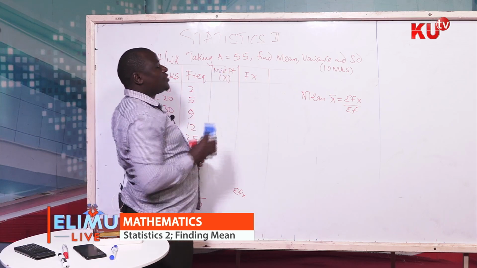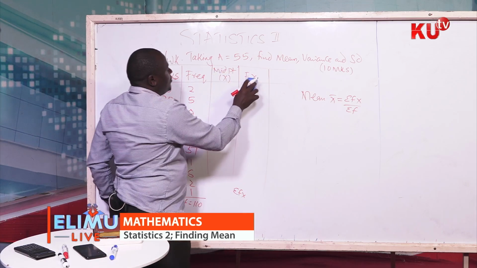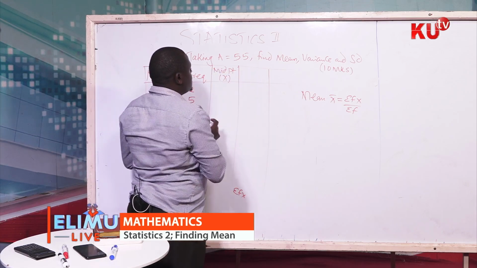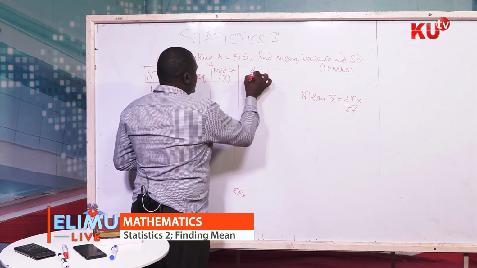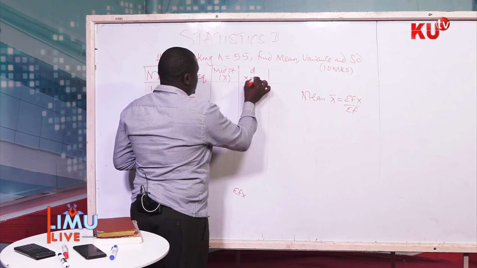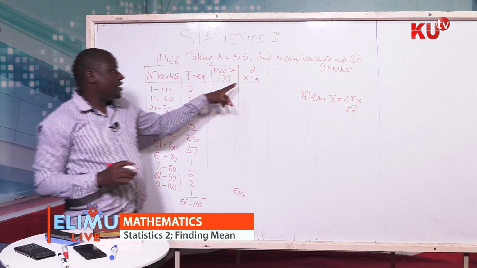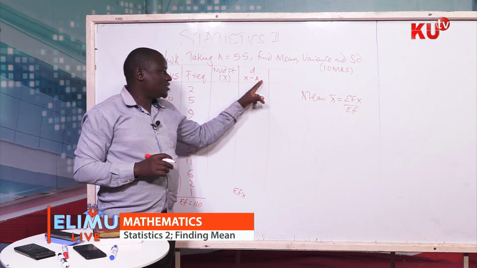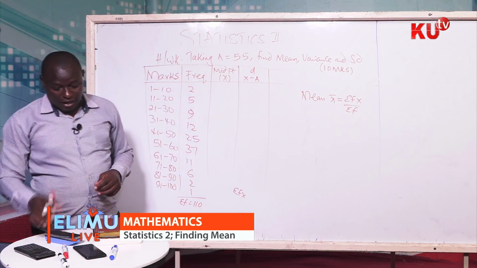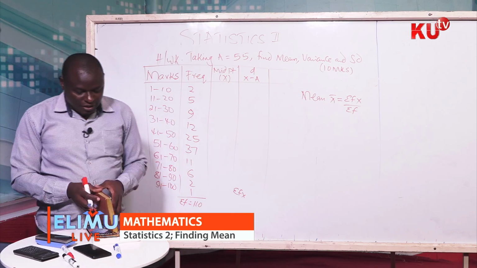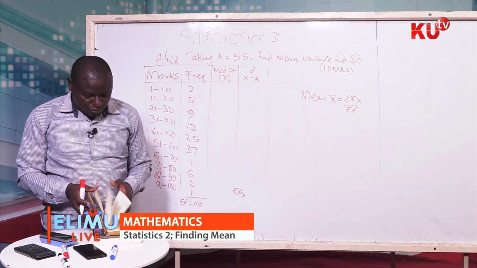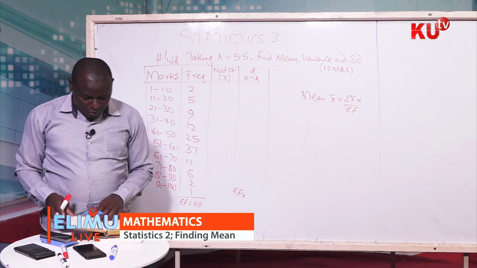But this is not the method we are discussing today. We want to look at mean using assumed mean. That's why I'm saying the deviation column is important, and it is given by midpoint minus assumed mean. With that assignment, I am sure you'll be able to exercise what you have learned today.